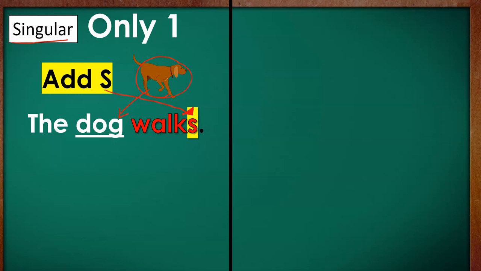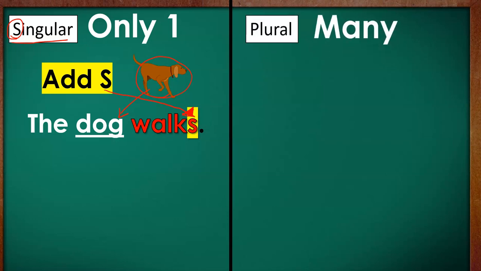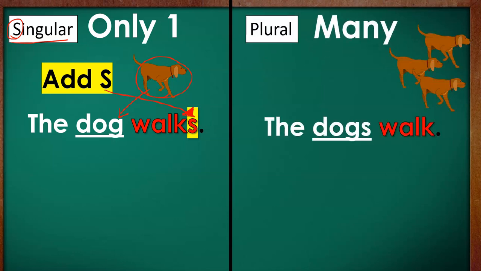You can remember it like this. Singular starts with the letter S, so that means my verb needs to get the letter S. And plural means many. So the dogs walk. When my subject is many, when it's more than one, then my verb will not get the letter S.